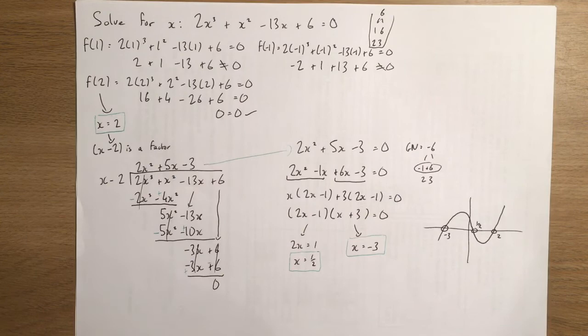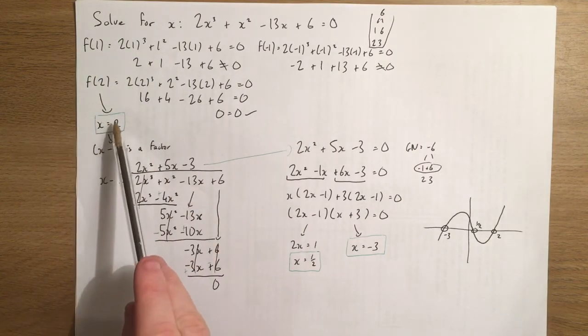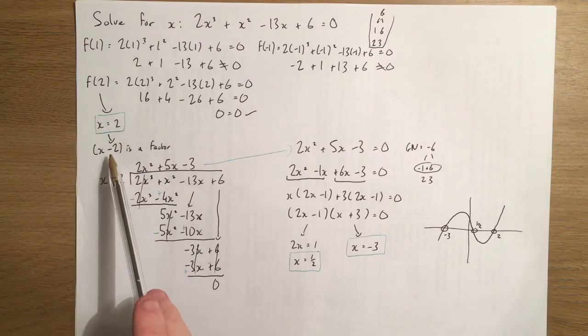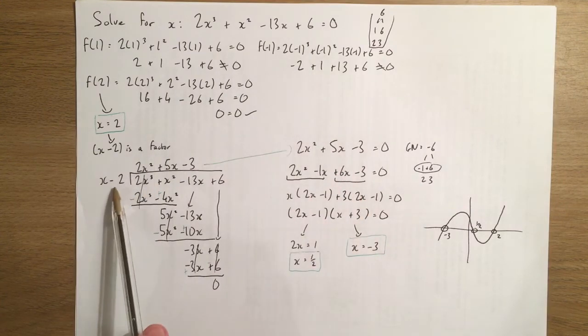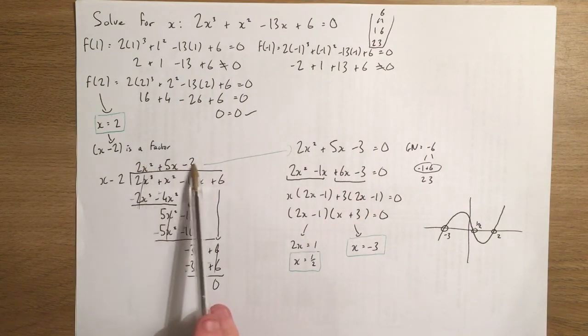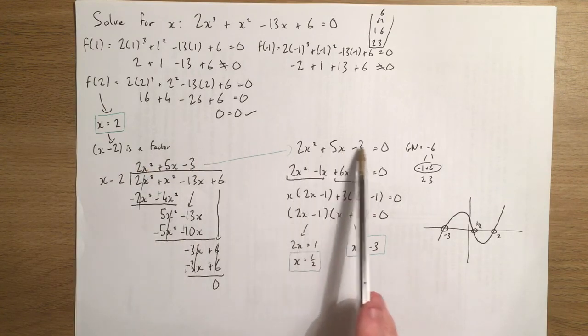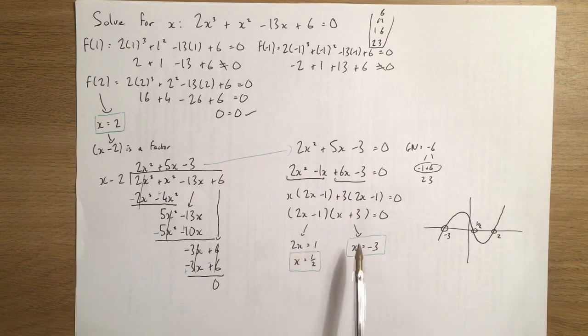That means 2 is a root or solution, so you've found your first answer. If 2 is a root or a solution, then x minus 2 is a factor. You divide that factor into your cubic. Your answer then is a quadratic here with an x squared in it. So just factorize that, set it equal to 0 and solve. And there's your other 2 roots or solutions.